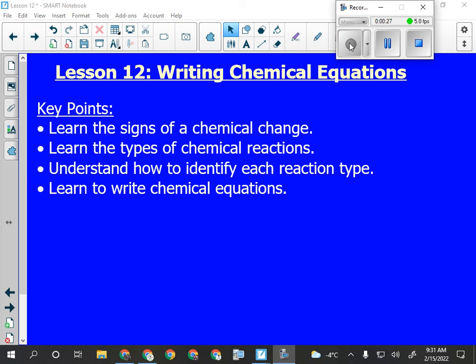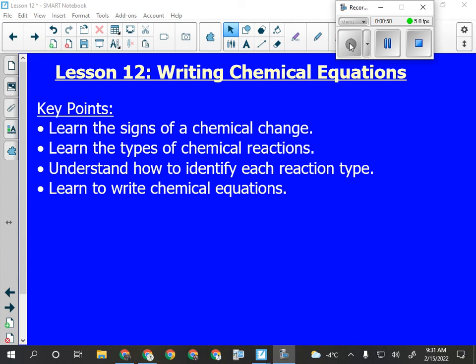Okay. So we need to understand what the signs of a chemical change are. Now that's hopefully review. If a chemical change occurs, what are some signs we might see? Change in odor. Bubbling or fizzing.